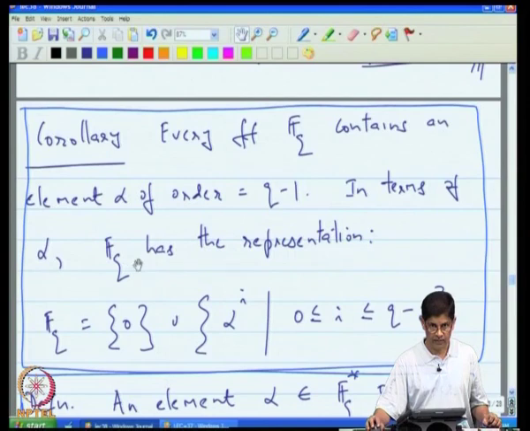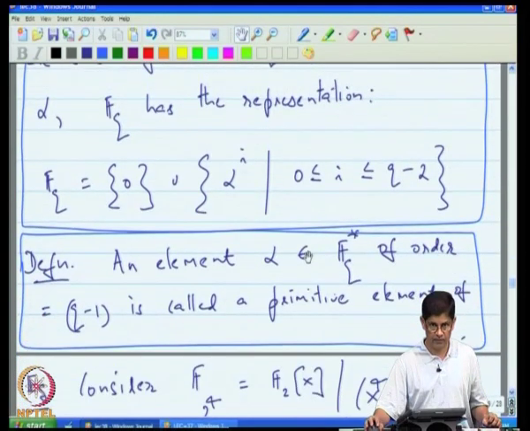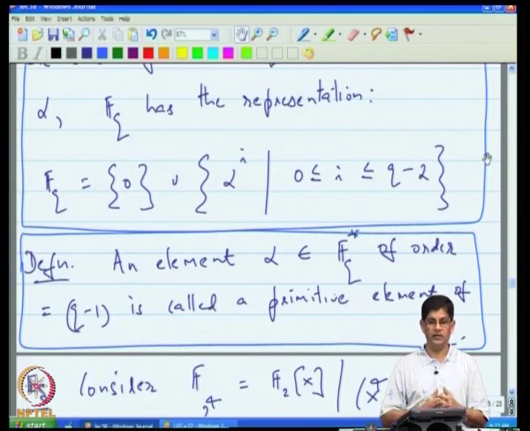In terms of alpha, Fq has the very simple representation as the union of 0 together with all the non-zero elements in the field, and every one of them can be represented uniquely as some power of alpha, alpha to the i, where i ranges between 0 and q minus 2, because there are q minus 1 non-zero elements in here. Okay. So, that is our beautiful representation of the finite field.